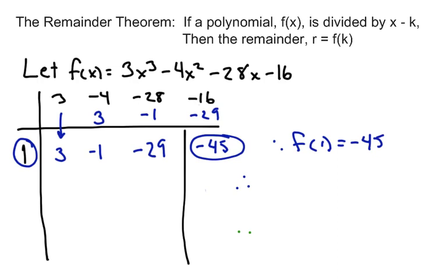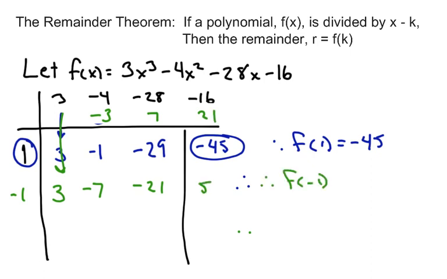Let's try negative 1. So let me clean this up a little bit. And bring down the 3. Multiply and add. Multiply and add. Multiply and add. Therefore, f of negative 1 is equal to the remainder, 5.